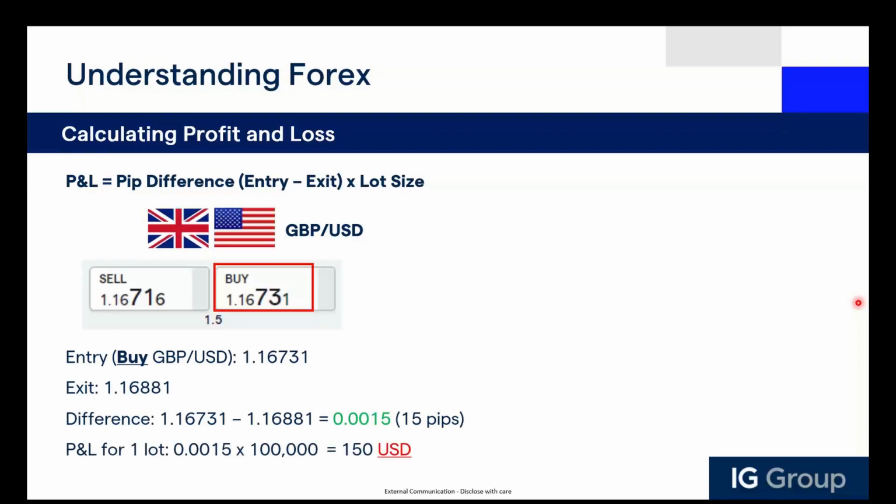The profit and loss will again be based on your lot size. If you are entering a very big trade, for example 10 lots, then of course you will see a different profit and loss. But in this example, to calculate the profit for just one standard lot, and just to recap, one standard lot is 100,000, we take 0.0015 and multiply by 100,000. That's how we get a profit of 150 US dollars.